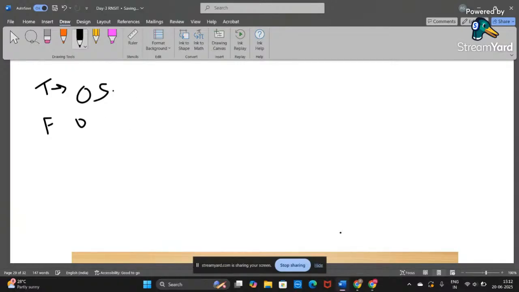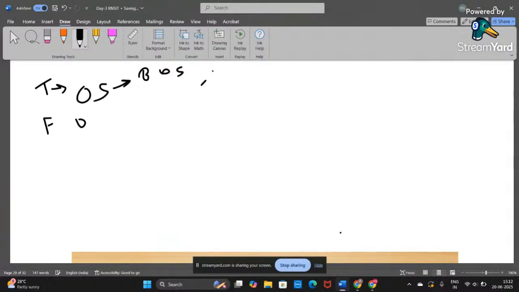Let us recall everything we have learned. Types of operating system we have already seen: batch OS, do you remember? No interaction with the user.